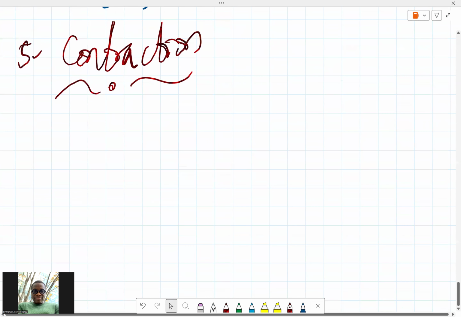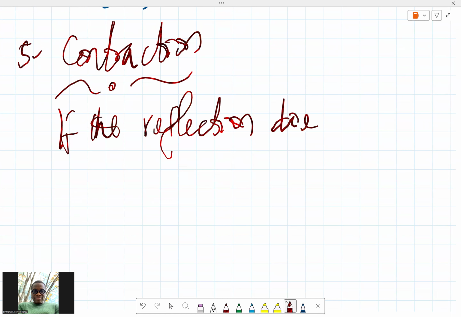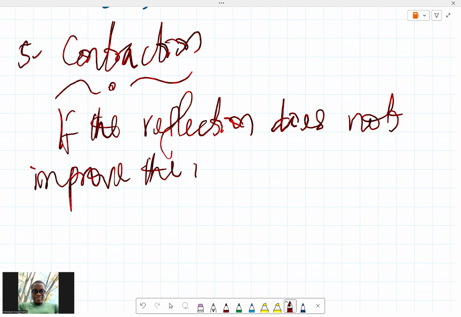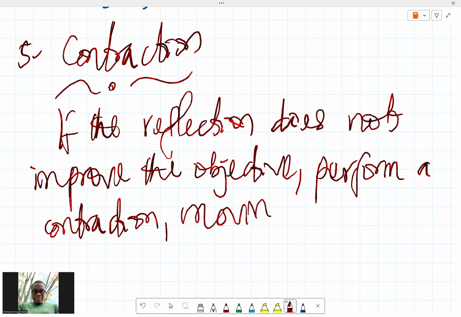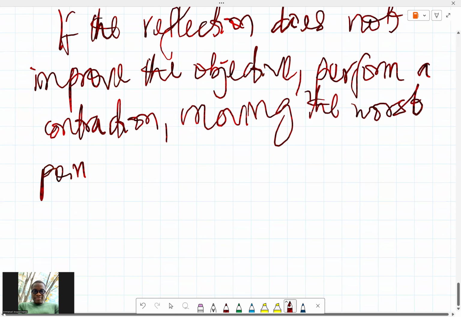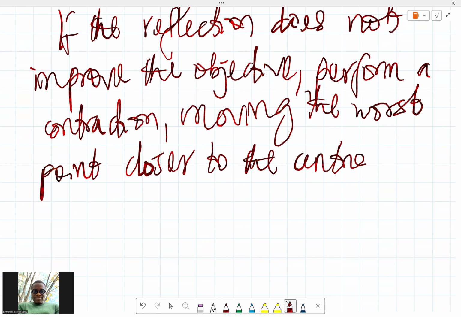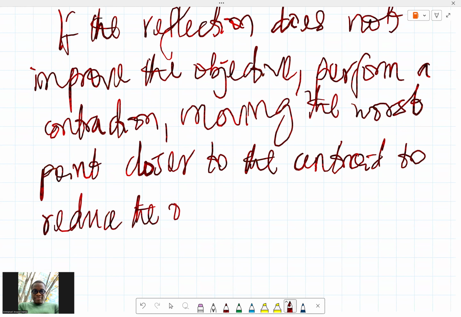For contraction, if the reflection does not improve the objective, you perform a contraction, moving the worst point closer to the centroid to reduce the objective value.